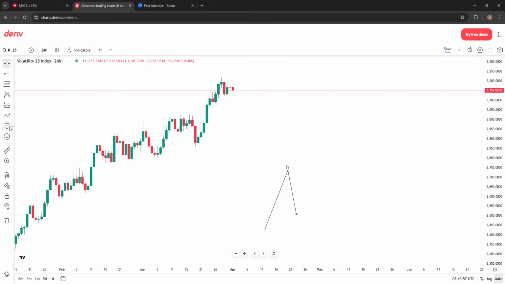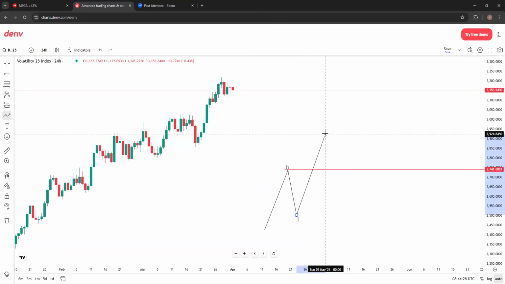Now, this low over here that I've just marked can only be fully valid, or we can fully protect it, if it manages to come and break this high, right? The reason it has to break this high is to confirm that we are in an uptrend.